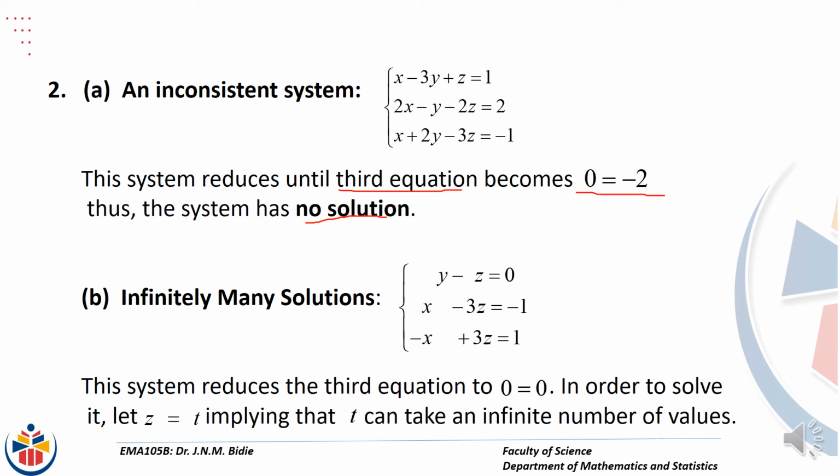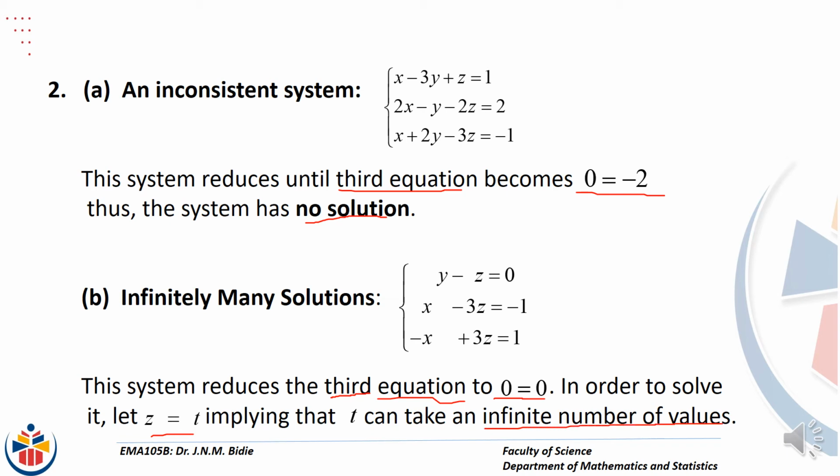Infinitely many solutions. When you've done row operations, the third row or third equation will give you 0 equal to 0. Note that once the third equation is 0 equal to 0, you are left with two equations with three unknowns. So you have to let the last variable be equal to t, which implies that t can take an infinite number of values.